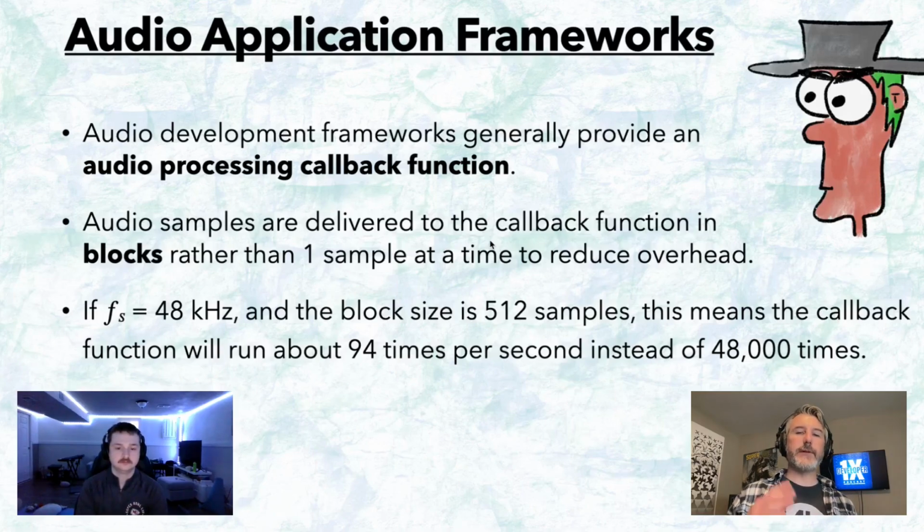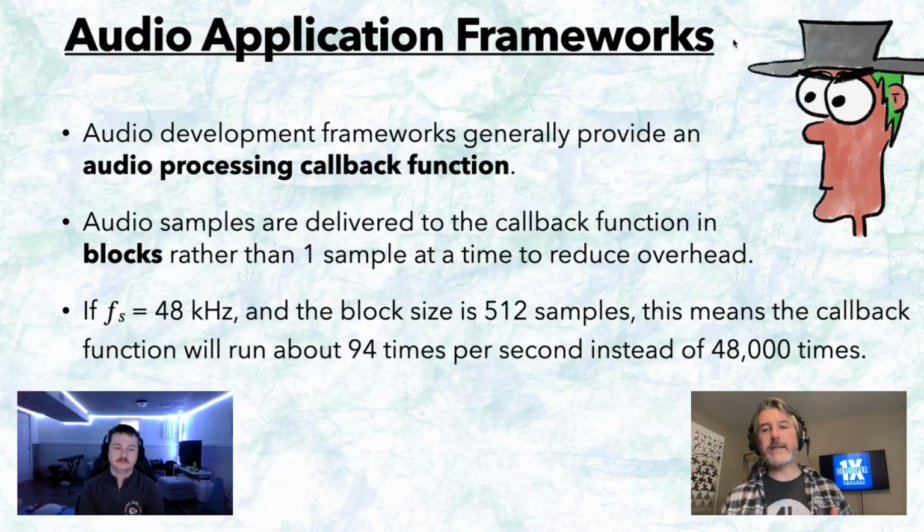Audio samples are delivered to the callback function in blocks rather than one sample at a time. And I think, even on modern hardware, it would be a little bit crazy to process one sample at a time just because there is overhead involved in processing every sample. You've got that thing that we talked about earlier of the audio interface to the operating system to the application, back to the operating system, back to the audio interface.